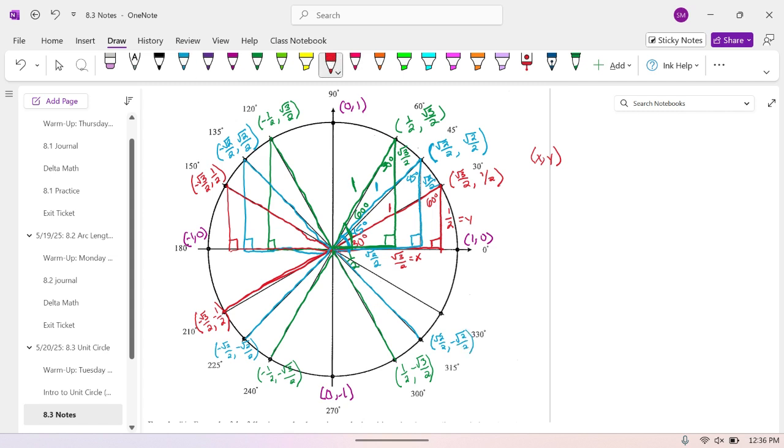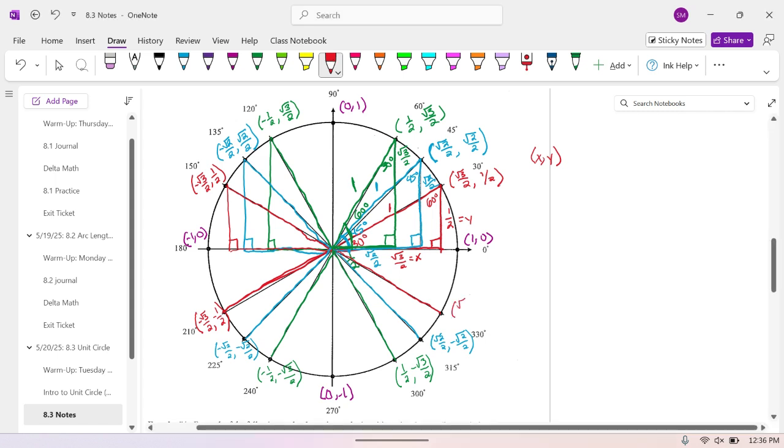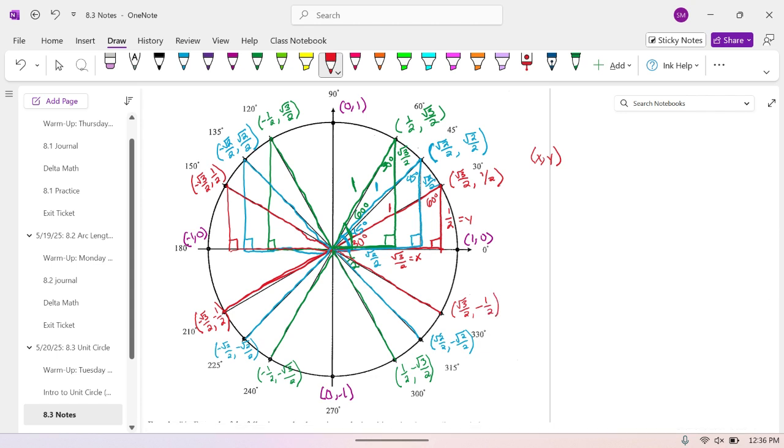And lastly, 330 is 30 degrees away from 360, so this would be square root 3 over 2, negative 1/2. And just like that, guys, you got all of your coordinates for the unit circle.